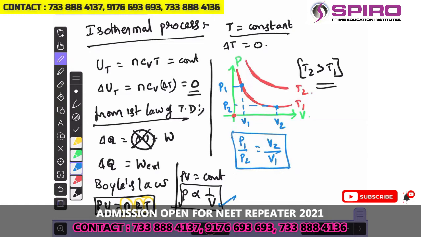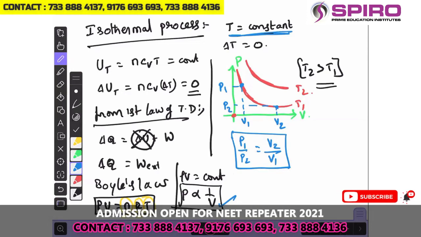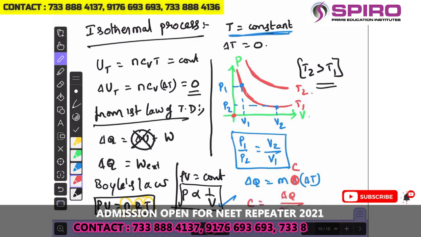Now let us calculate the isothermal work done. In the isothermal process, the temperature of the gas is constant, so internal energy is constant. What is the specific heat in the isothermal process? Any delta Q is given by M S delta T. Let me write the specific heat in the isothermal process as C. Then C equals delta Q divided by M delta T. What is the delta T value in the isothermal process?